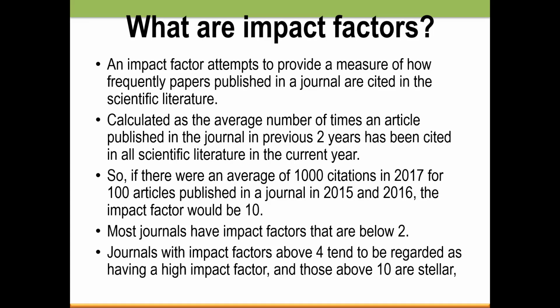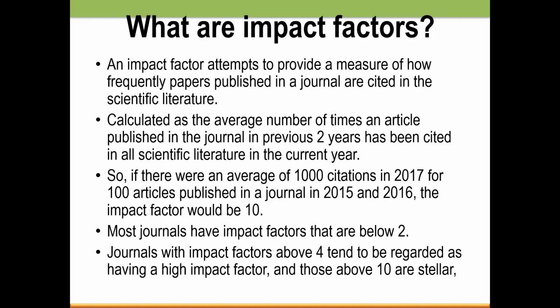So for example, now we are in 2016. To calculate the impact factor of a journal, we look at the previous 2 years, look at how many articles have been published in this journal in those 2 years, and then look at the number of citations, how they have been cited by other researchers in those 2 years.